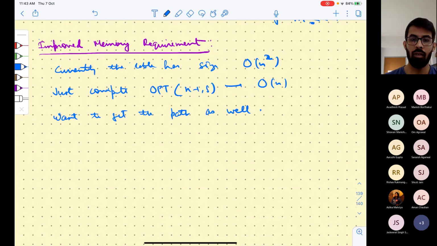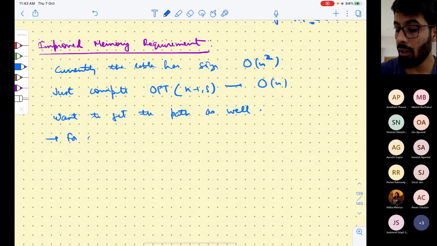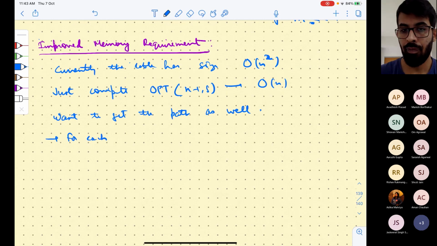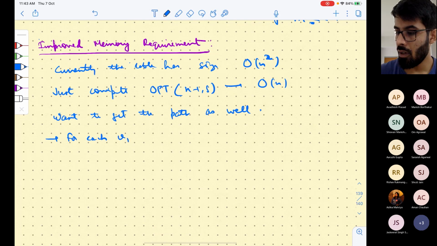Save the element which comes next in the path to t. Exactly. So in that case, for each v, keep the node that comes next.